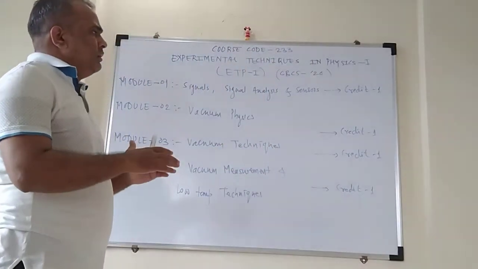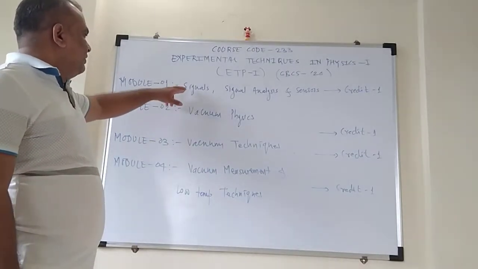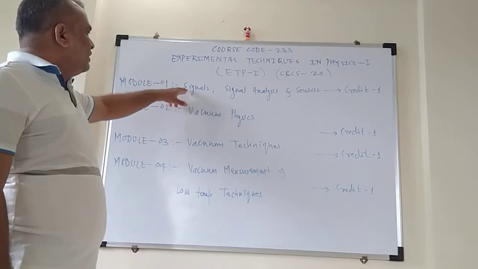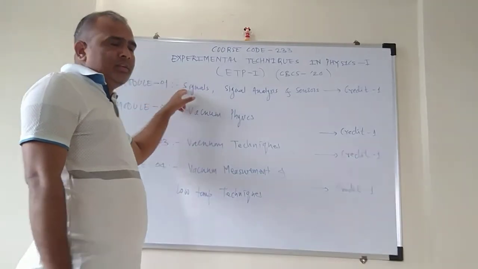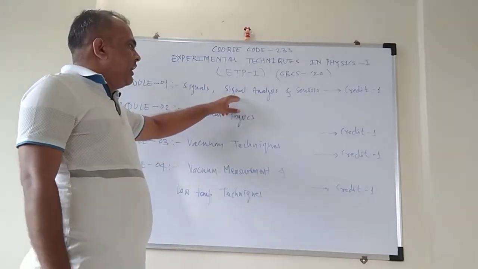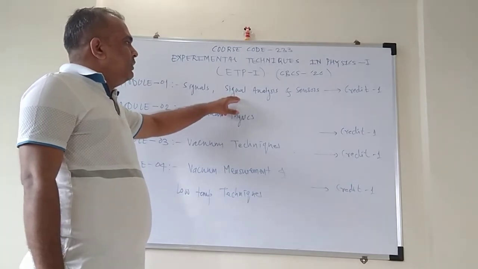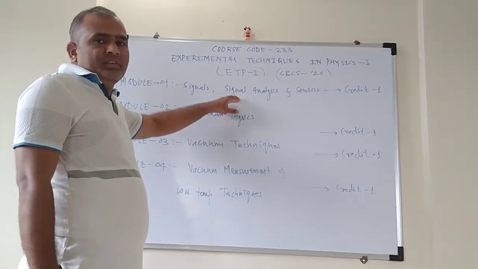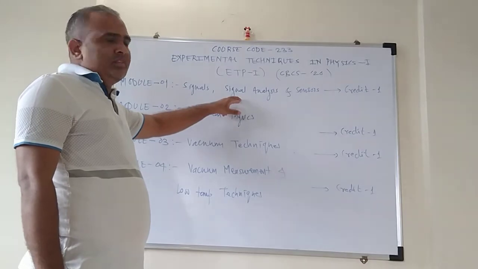Let me give you some more overview of each module. In the first module, we are going to study what is meant by signals and the classifications of signals, or the various types of the signal, and signal analysis. And along with this, you will study what you mean by sensors, the characteristics of sensors, and classification and types of sensors.